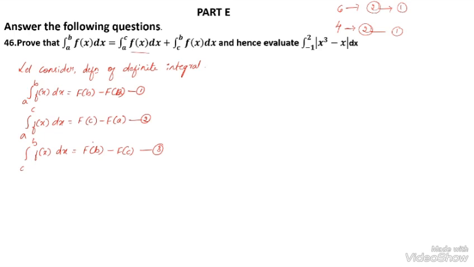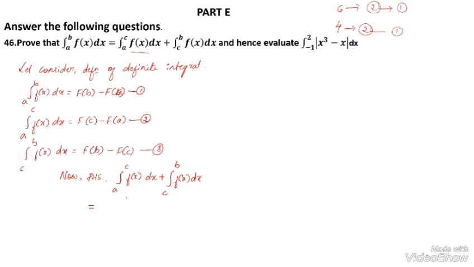Now I consider the right hand side, that is RHS. Considering the RHS part, that is integration a to c f of x dx plus c to b f of x dx.